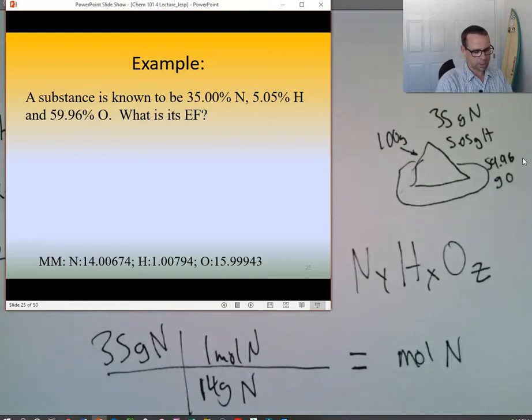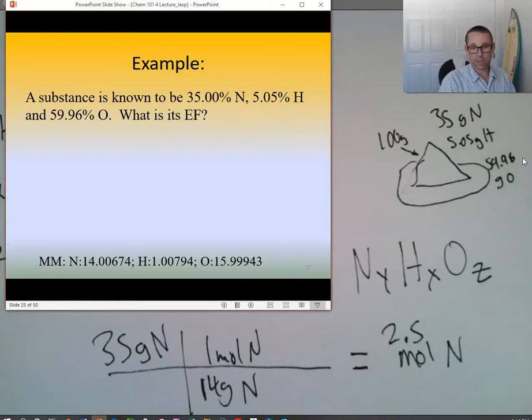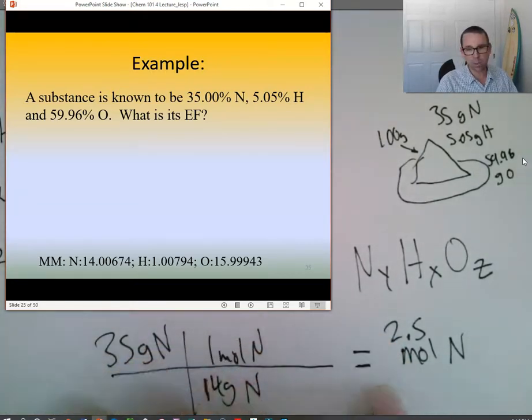Nothing goes underneath that 35, that's just what we start with. You can think of it as 35 grams of nitrogen per sample, and this is how many moles of nitrogen there are per sample.